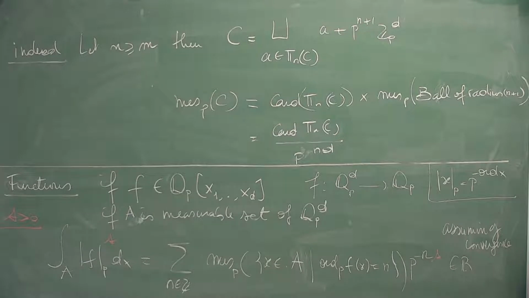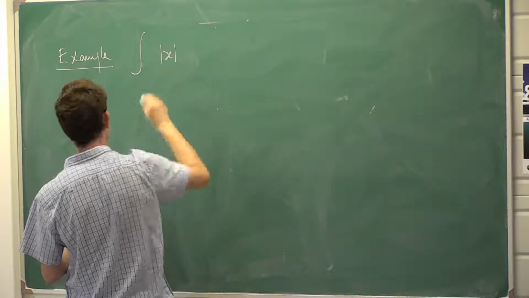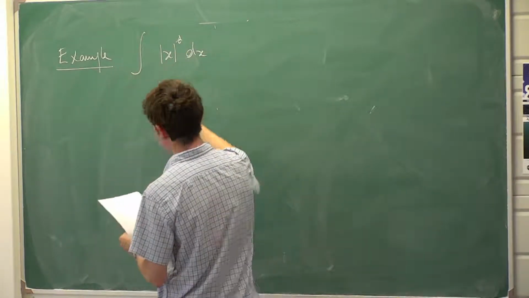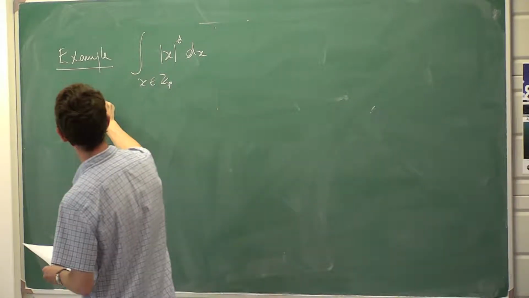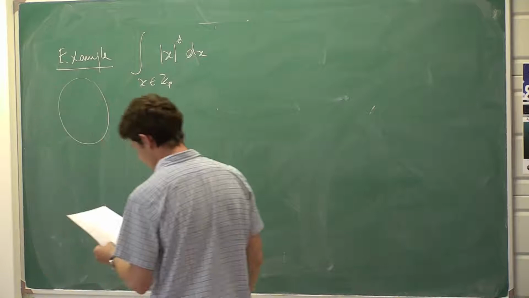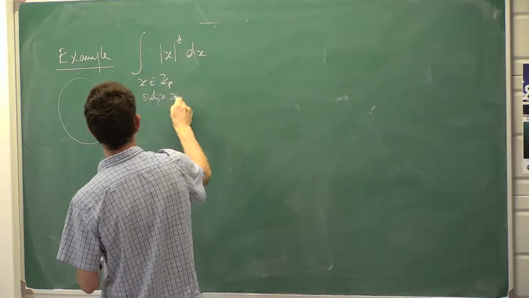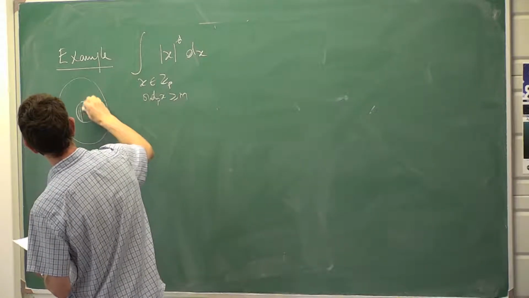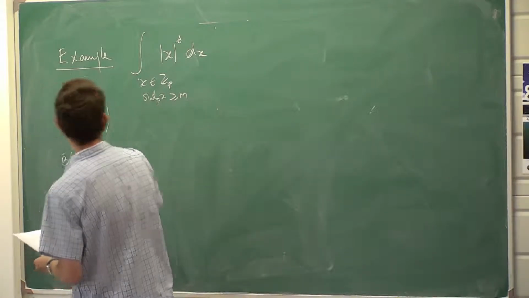And example: you want to integrate the absolute value of x to the s, where x runs on Z_p, so you are inside the ball, and you assume more than that, that the order of x is larger than m. So I'm looking at this ball, and I want to integrate that.